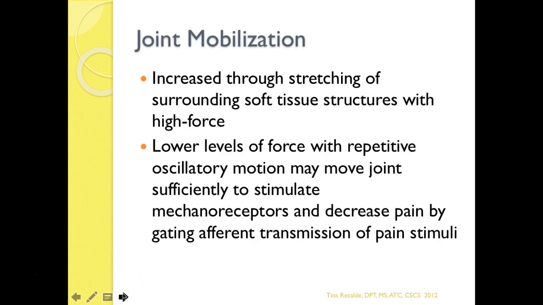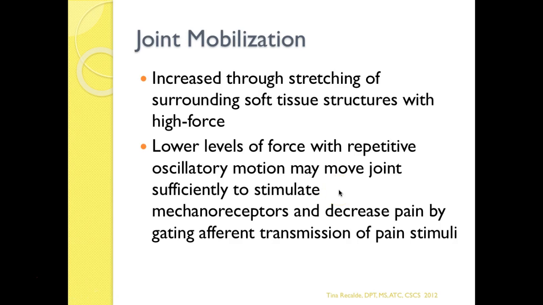We also can get joint mobilization from traction. It increases through the stretching of those soft tissue structures with the high force. With the low level force, we're getting that oscillatory motion that we talked about, like maybe with those grade 3 joint mobs that we're doing on peripheral joints. You can get the same thing with the lumbar spine or the cervical spine.